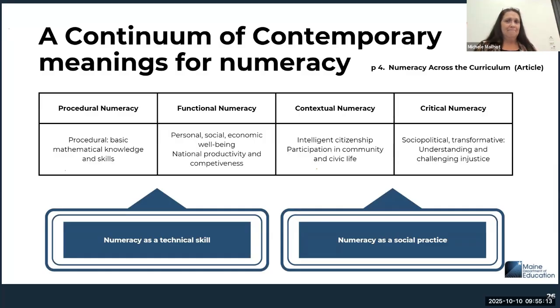What are your thoughts about that? Is there a need to go further into other continuums? I see some heads shaking like, ooh, I think so.